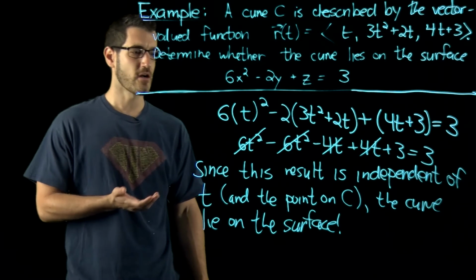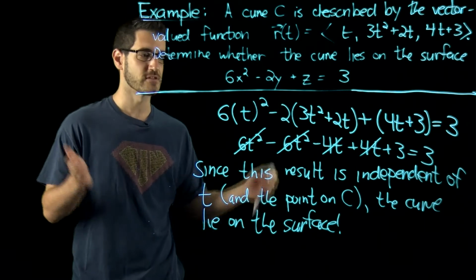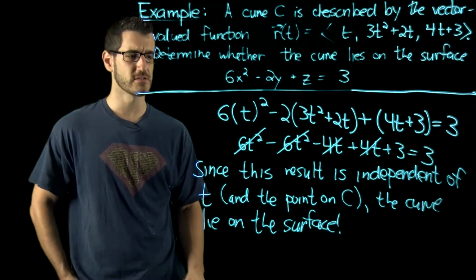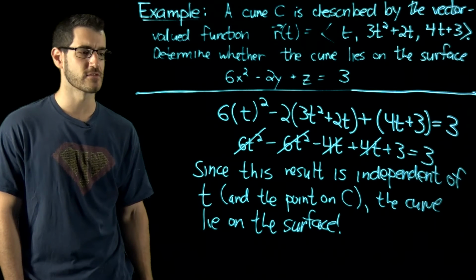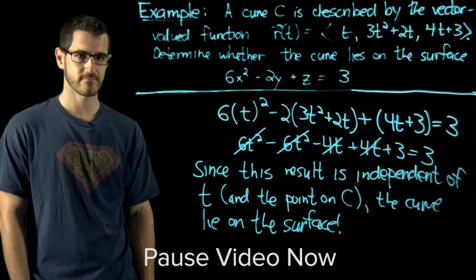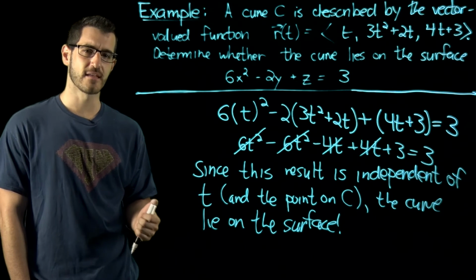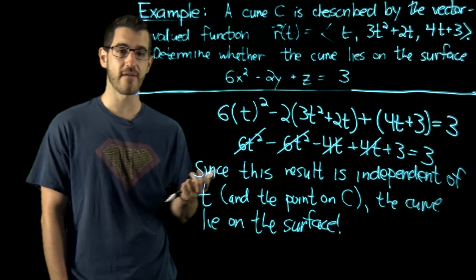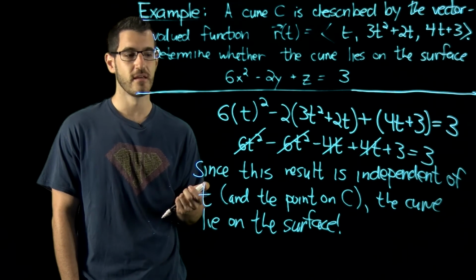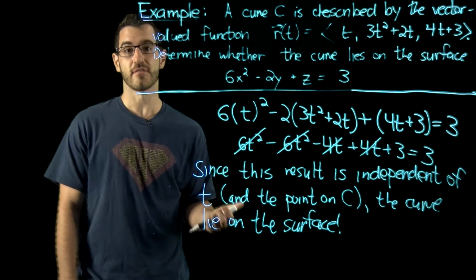So the algebraic consequence of how this works really isn't that difficult, but you should take a minute just to make sure that you understand the steps. And once you've taken that time, we can actually graph this, and we can determine visually, does this curve lie on the surface?